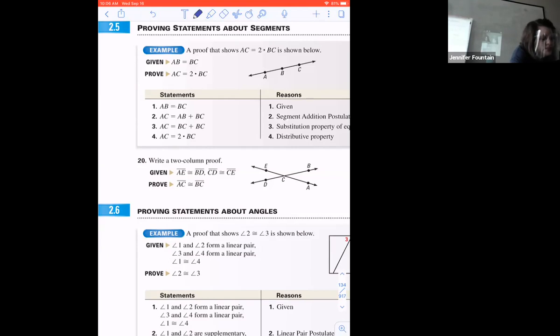So if you put it in a P then Q statement, that would be if points X, Y, and Z are collinear, then points X, Y, and Z lie on the same line. So that was if points X, Y, and Z lie on the same line, then points X, Y, and Z are collinear. And then for number 10, the not P, you would just write that as points X, Y, and Z are not collinear, because that was the negation of just P.